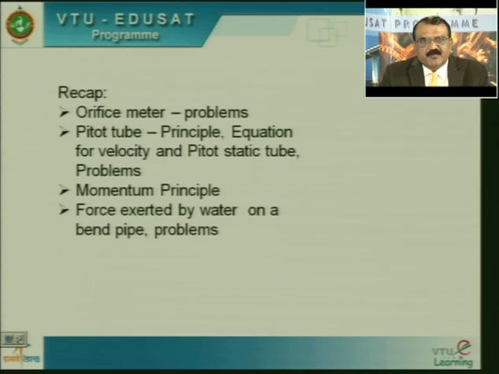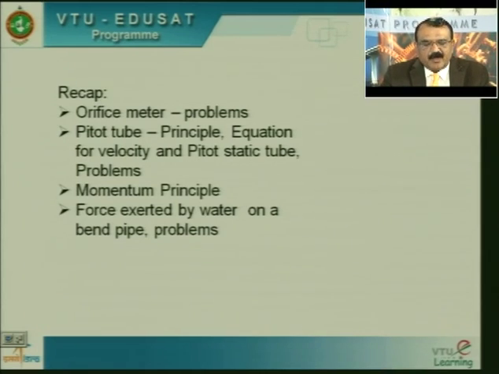Then we started with the momentum principle, the force exerted by water on a bent pipe, and we solved a couple of problems on that. Then we started with vortex flow. We defined two types of vortex flow: one is a free vortex, the other is a forced vortex.